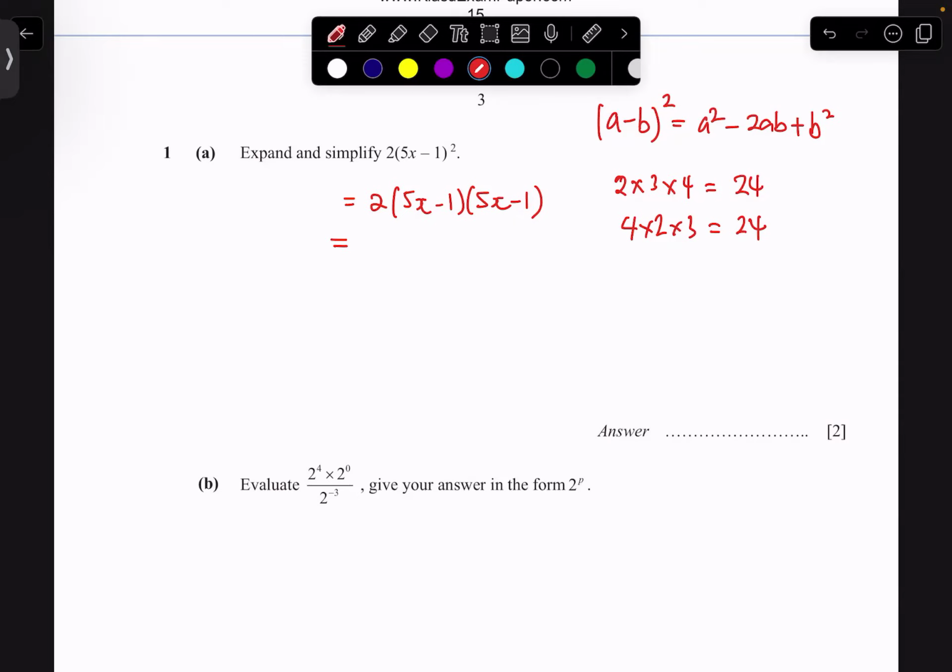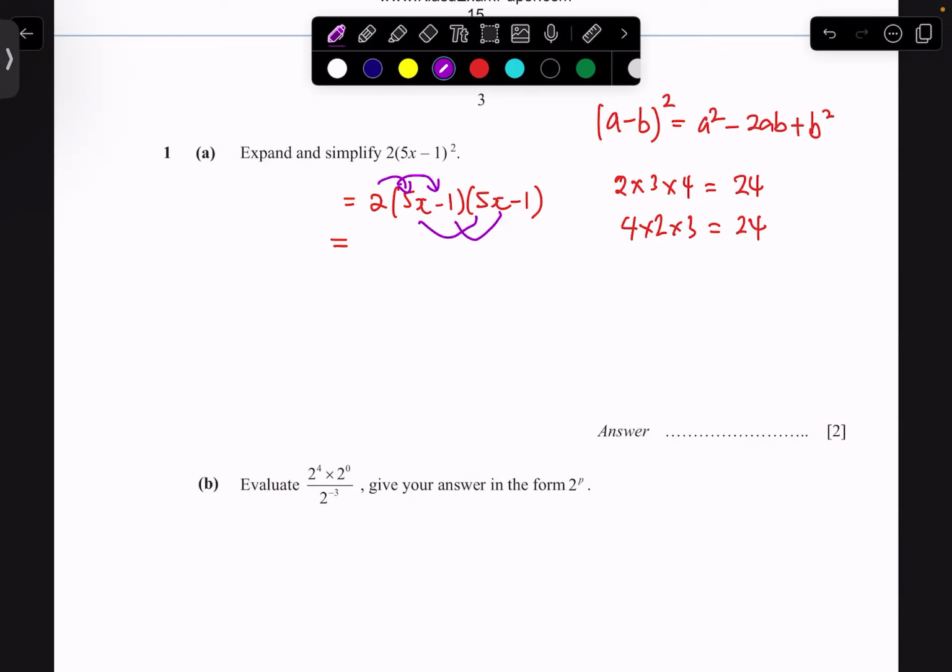So you can choose to bring the 2 into one of the brackets, but this is not distributive. The 2 doesn't go into this bracket and this bracket. It only goes in once. So you can bring in the 2, or you can do the rainbow method down here, whichever you prefer.